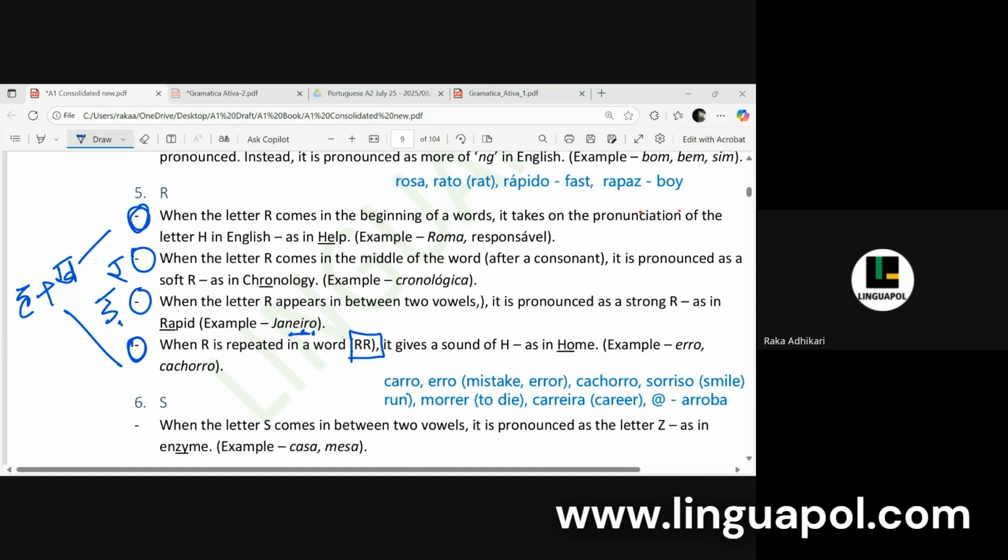Okay. So the rules of the letter R is clear to everyone. Can I have a thumbs up? Yes, great. Okay, let's move on.